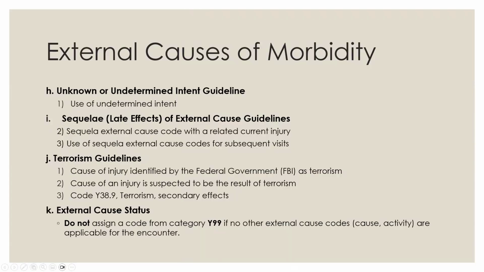For unknown or undetermined intent guidelines, if the intent, accident, self-harm, or assault of the cause of an injury or other condition is unknown or unspecified, code the intent as an accidental intent. All transport accident categories assume accidental intent.